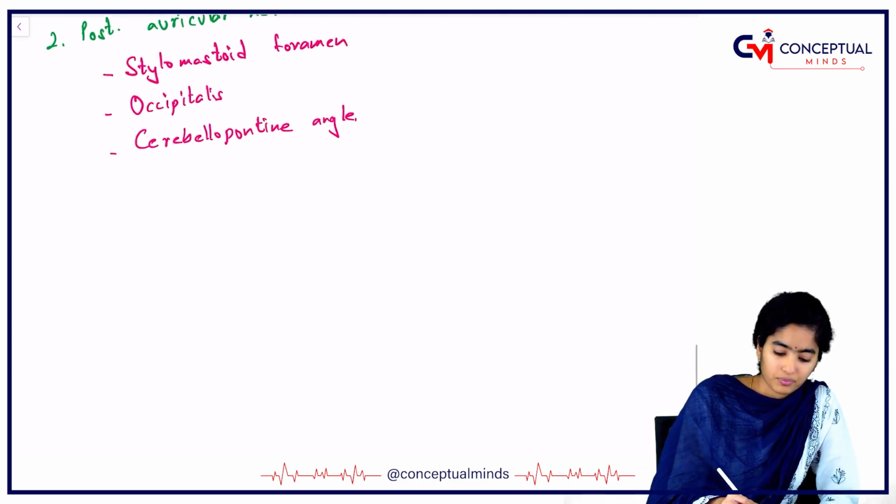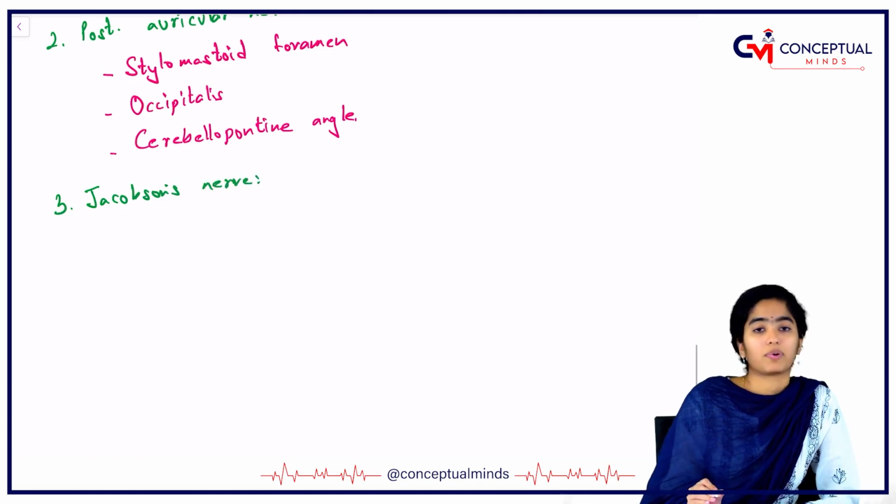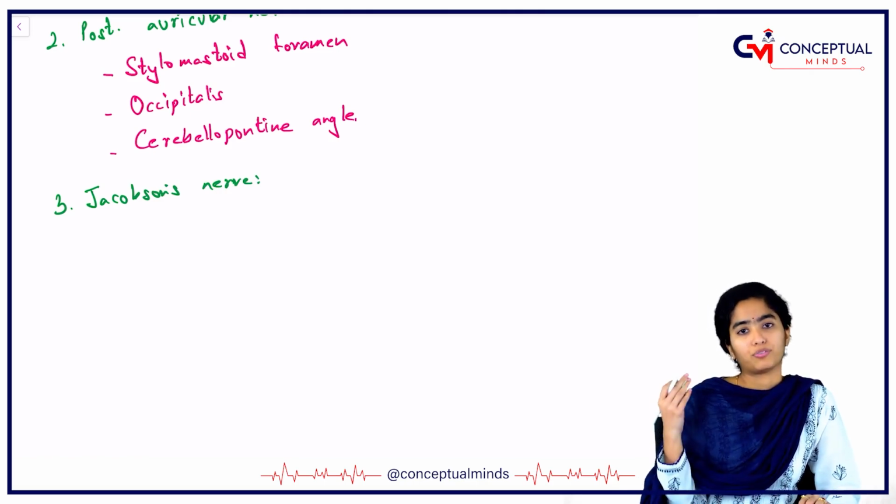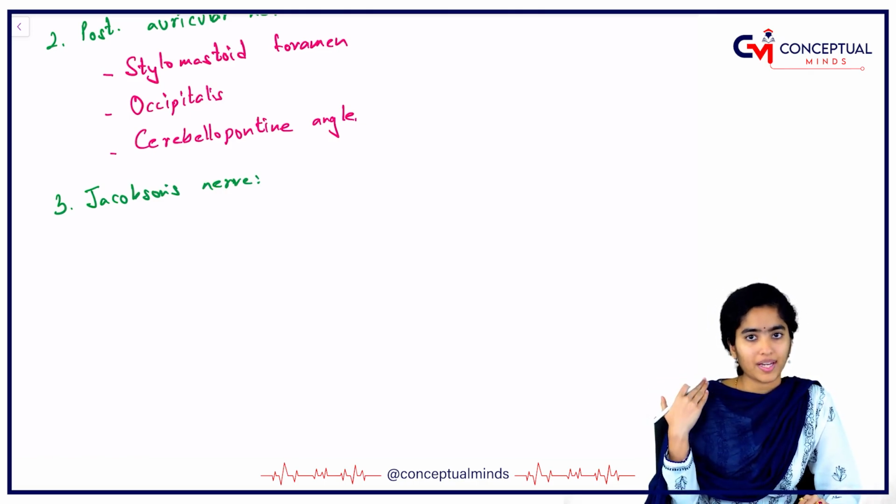Next we have Jacobson's nerve. It is the branch of the glossopharyngeal nerve and it supplies the upper part of the eustachian tube, the medial surface of the tympanic membrane, mastoid air cells and the middle ear.